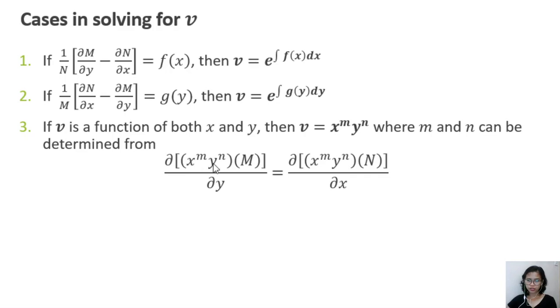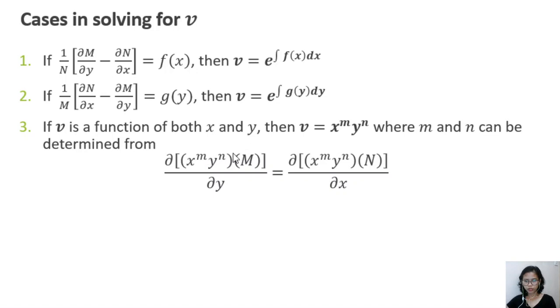So first, you multiply your functions M and N from your inexact differential equation with x raised to m and y raised to n. And once you get that new M and that new N, you differentiate those using these conditions.